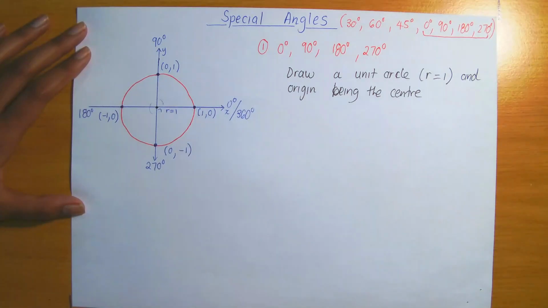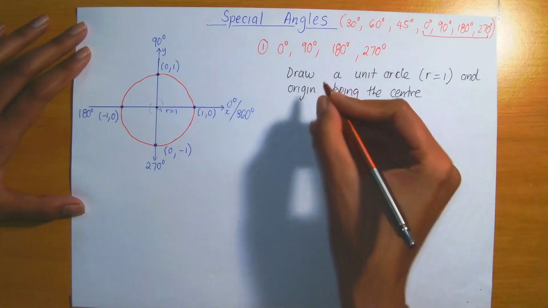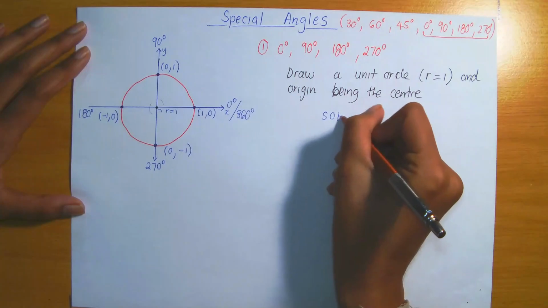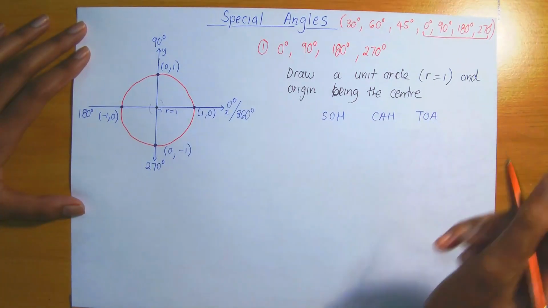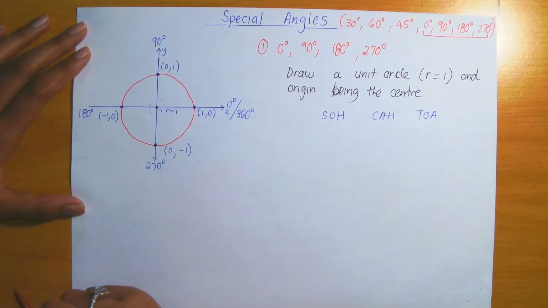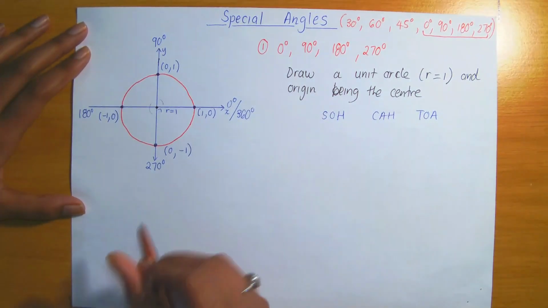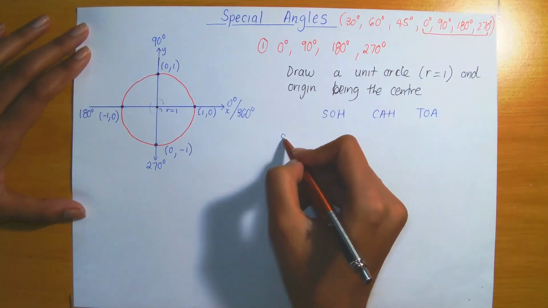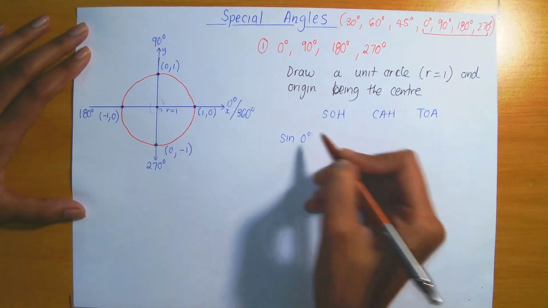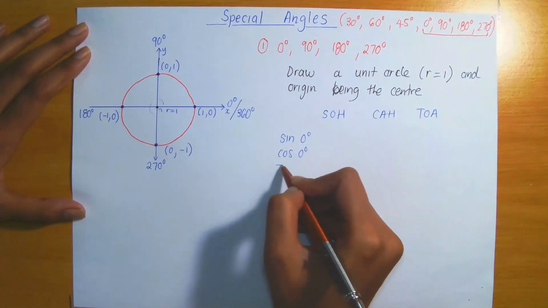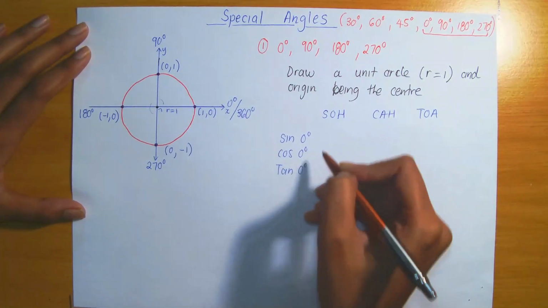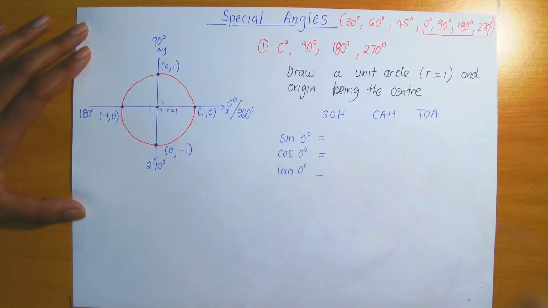It will be important to first note our acronym, CAH-TOA. Let's start off with 0 degrees. We would want to compute sine of 0 degrees, cos of 0 degrees, and tan of 0 degrees. So this is what we would want.